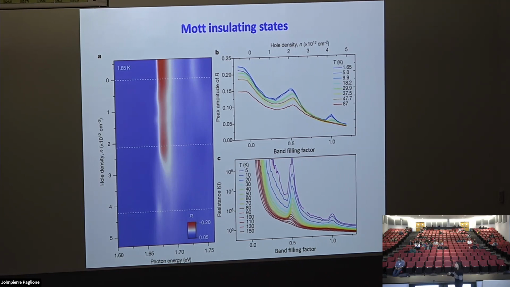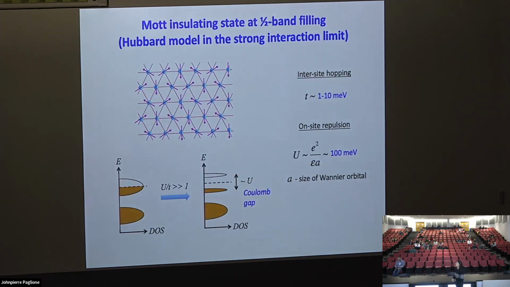So to understand what's going on here, I just showed this cartoon picture. Because we put this charge into this periodic Moire potential, you basically make the kinetic energy smaller. You quench the kinetic energy, you get a flat band. That's what you heard earlier on Monday. So when you have a small kinetic energy and a large Coulomb interaction, you can estimate how big the Coulomb repulsion is if you put 2 charges at the same site.